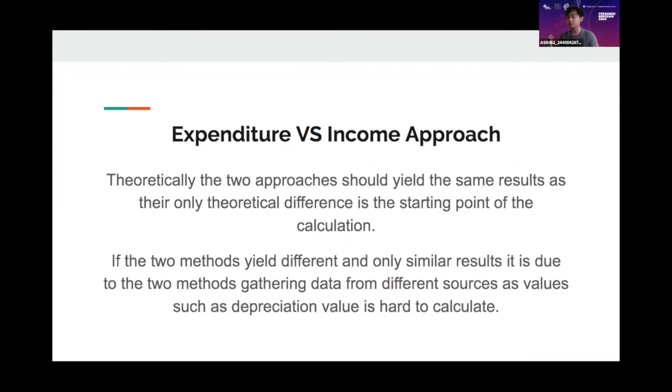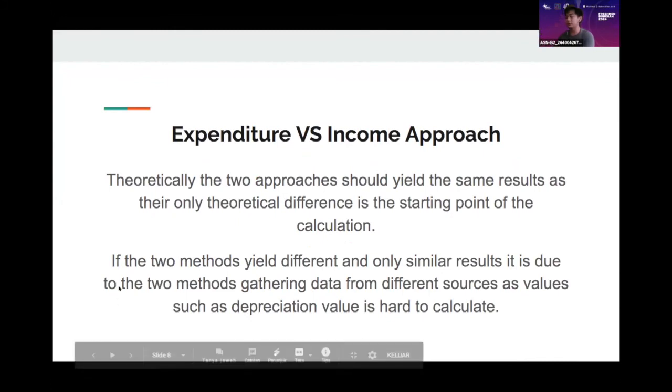Although in most analyses the results are actually different, because expenditure looks from these resources and income looks from another source. And those two sources always have a difference, especially income in relation to depreciation, because that value is hard to predict, and it's usually what makes the expenditure and income approaches different when people are calculating.